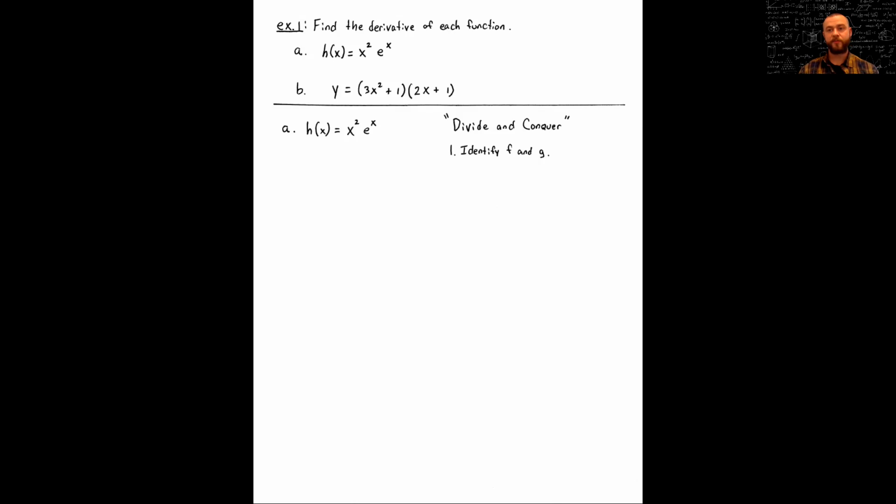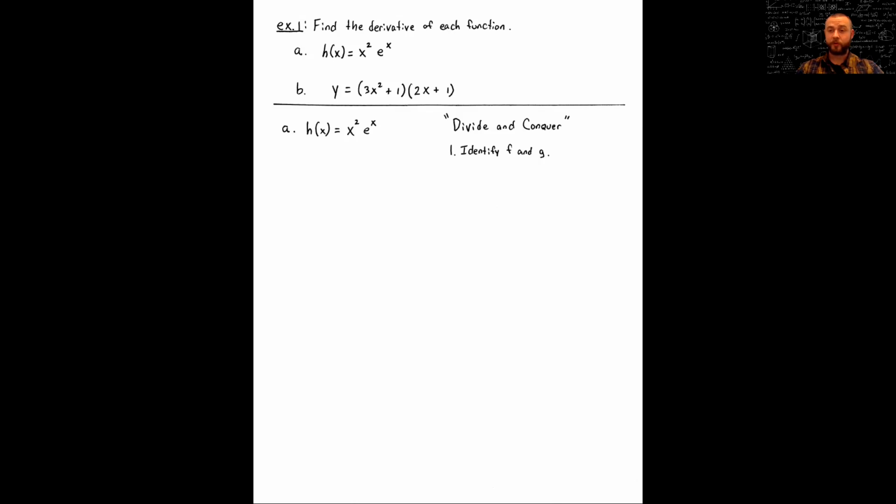Okay, now how does this work here for what I refer to as divide and conquer? Well, first we're going to want to identify the appropriate f of x and g of x. Now, if we take a look at our function here in part A, h of x is a product. We're multiplying x squared by e to the x. So our first step, identify f and g.